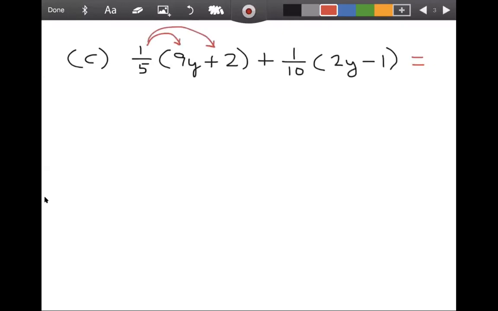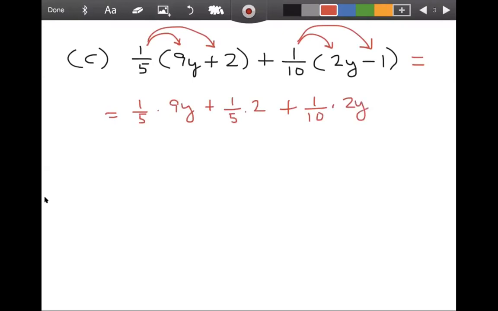We're going to distribute the 1/5 onto those two terms, distribute 1/10 onto these two terms, and that's going to give me 1/5 times 9y plus 1/5 times 2 plus 1/10 times 2y minus 1/10 times 1.